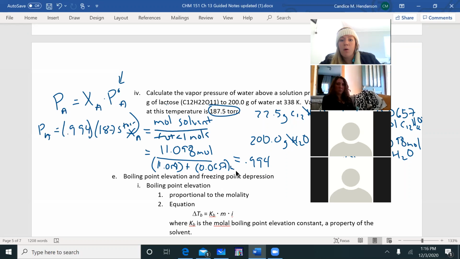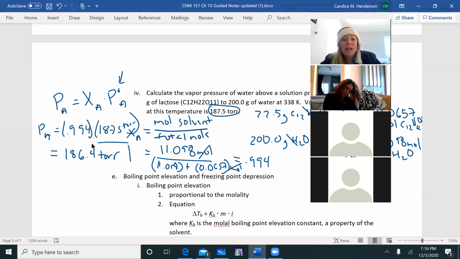Because it was moles per mole. So the moles canceled. So the unit we should be left with is a unit of torr, which we want for pressure. Multiply that by the 187.5, and we get 186.4. And the unit on that is torr.